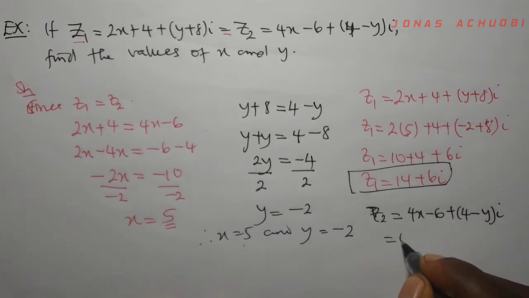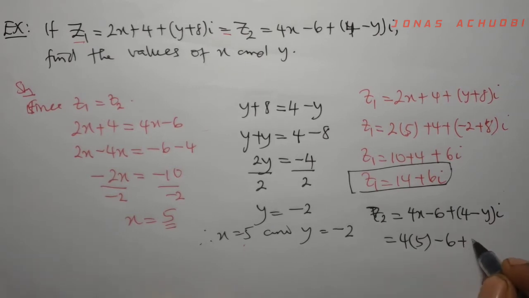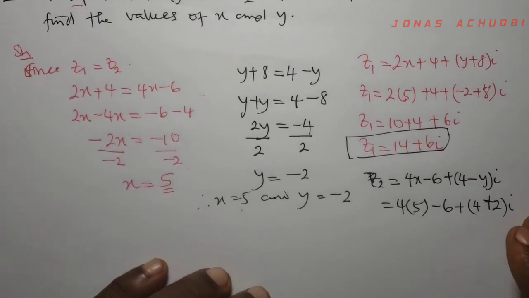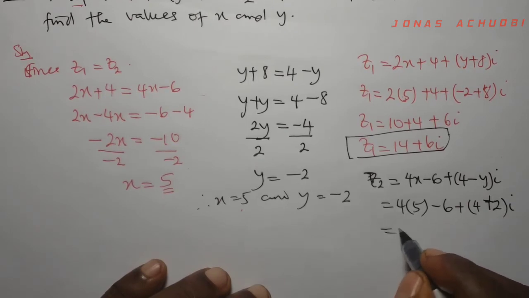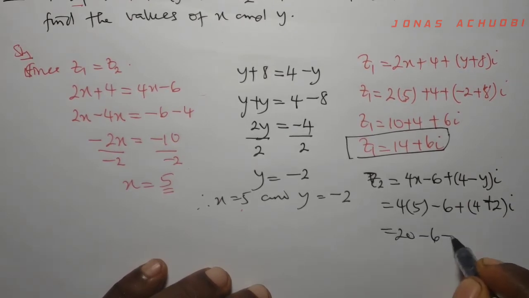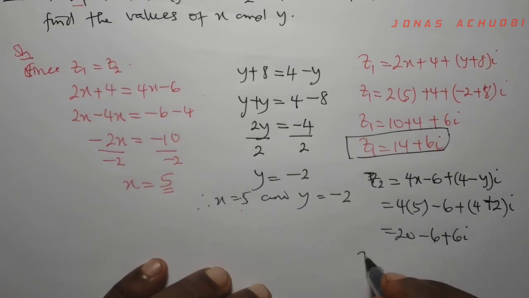So z2 is 4 times our x, which is 5, minus 6, plus 4 minus y, which is minus 2, so that's 4 plus 2i. So 4 times 5 is 20 minus 6, plus 4 plus 2 is 6, so 6i. So z2 is equal to 20 minus 6, which is 14 plus 6i.